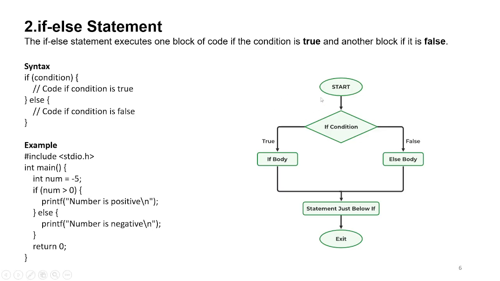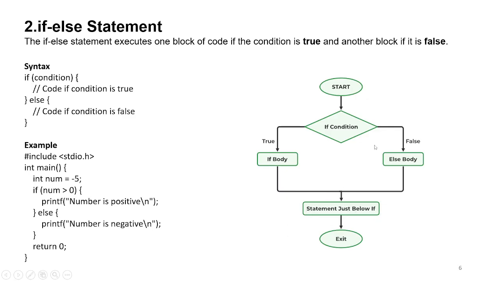We have started the program. I hope you can see my cursor. If the condition is true, then come to this side and execute the if body, meaning whatever code is written inside the if statement, execute it, and exit the program.